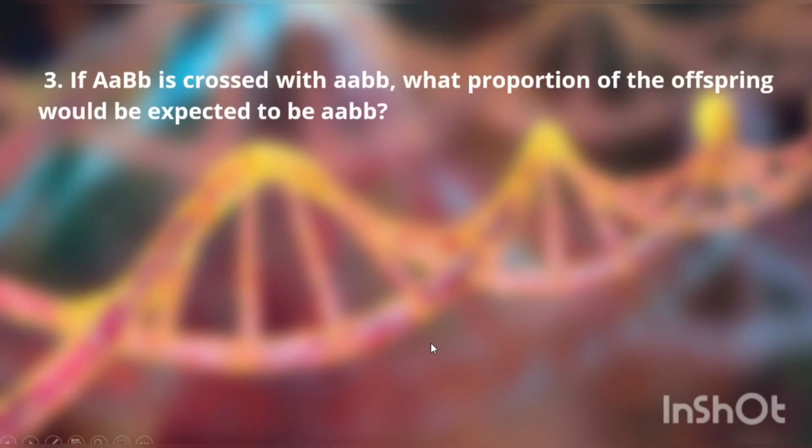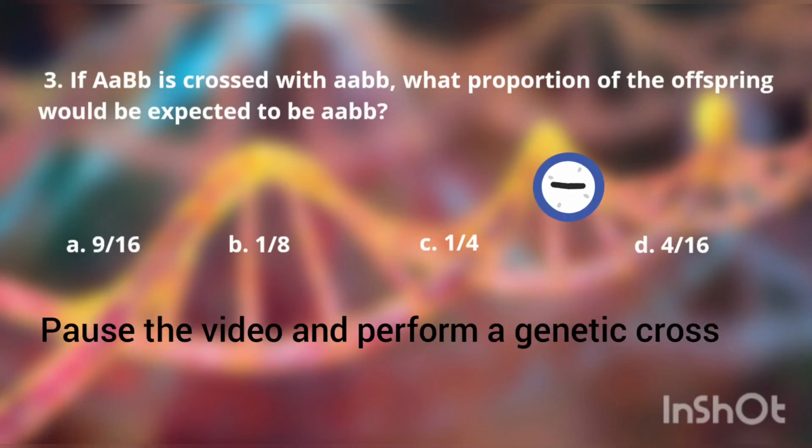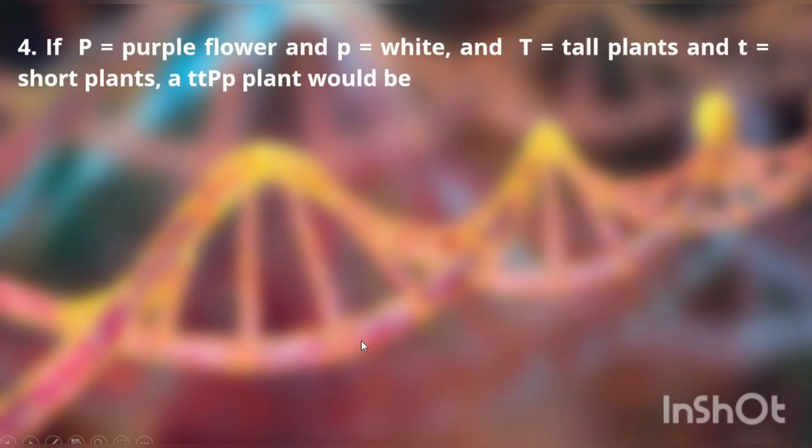Number 3. If AABB is crossed with AABB, two small letters, what proportion of the offspring would be expected to be? A. 9/16, B. 1/8, C. 1/4, D. 4/16. Next we have number 4.